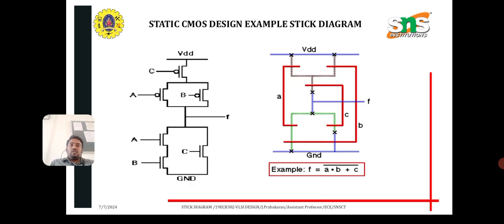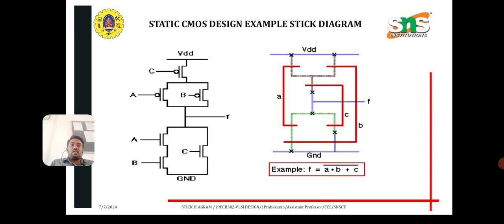Static CMOS design example with stick diagram. Transmission gate style utilizes transmission gates, which are composed of NMOS and PMOS transistors to pass or block signals based on a control signal, suitable for high speed application.